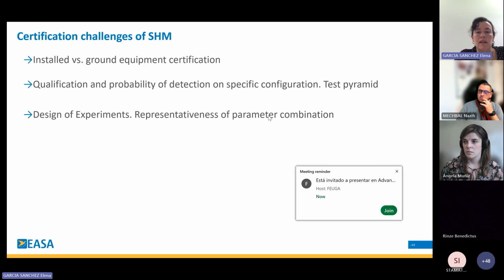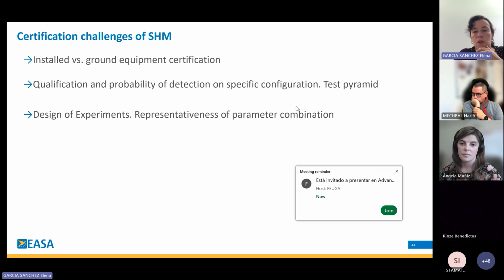Another challenge is that there are technologies that are very sensitive to specific configurations, so the probability of detection has to be evaluated for all these configurations, for which we will need a test pyramid. And then at a lower level, coupon level, there is the design of experiments with representativeness of parameter combinations.